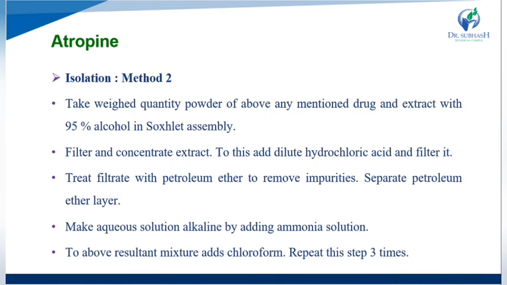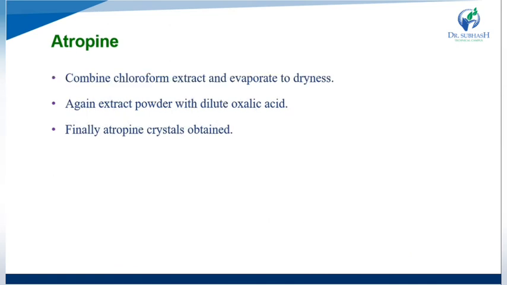Then separate the petroleum ether layer and make the aqueous solution alkaline by adding ammonia solution. To this resultant mixture, add chloroform and repeat this step 3 times more. Then combine the chloroform extracts, evaporate to dryness, and again extract the powder with dilute oxalic acid, and finally atropine crystals are obtained.